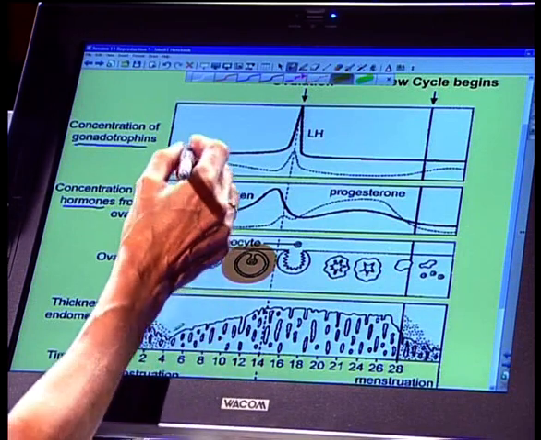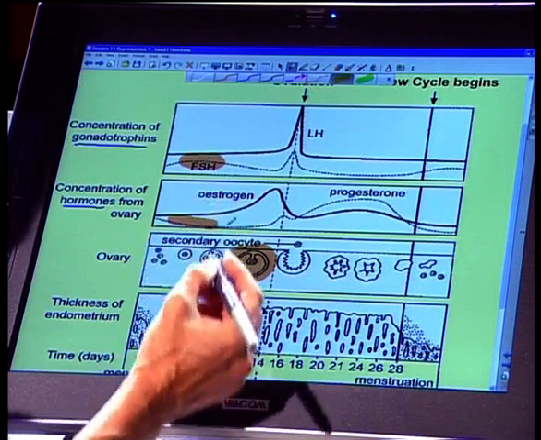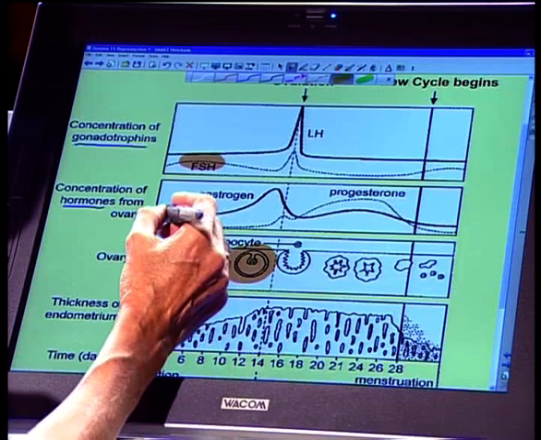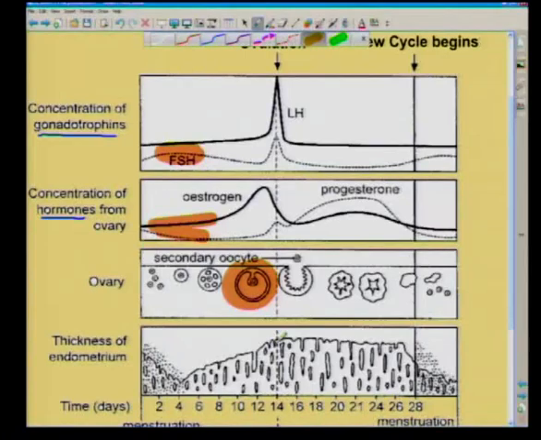So with the release of follicle stimulating hormone and the increase of the estrogen, we are now going to have the endometrium lining getting nice and thick. Why? It's preparing for implantation. So if this little egg is fertilized, then it has a nice little place to get into the lining and implant.